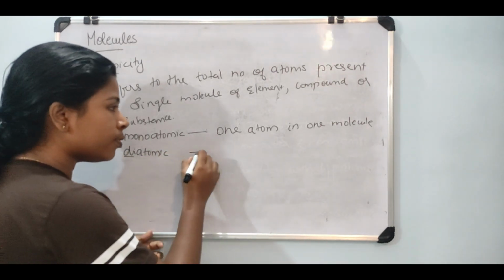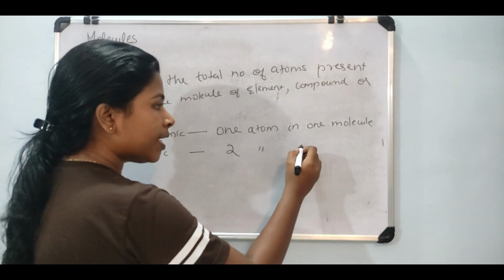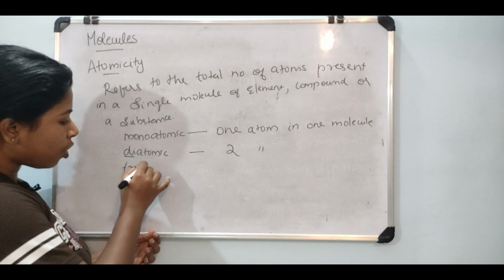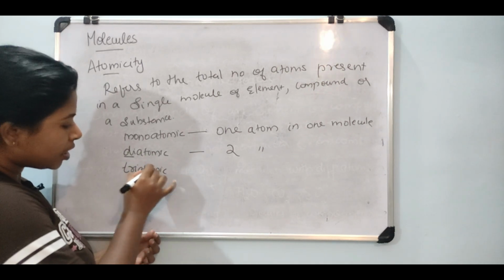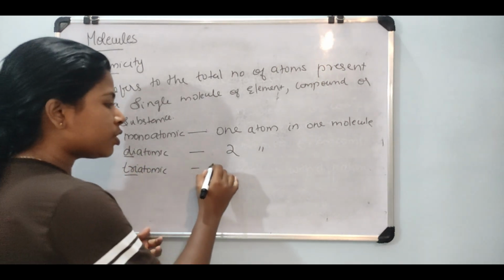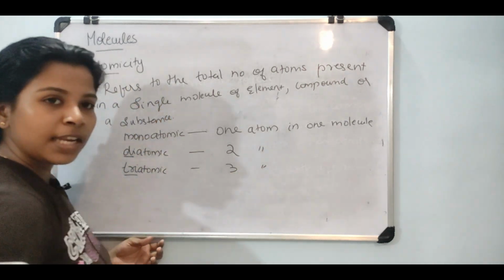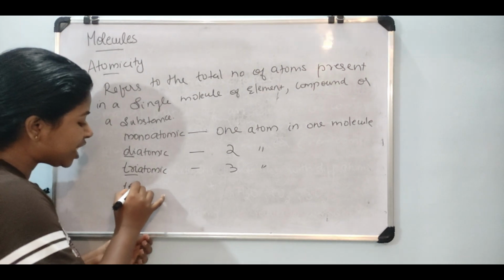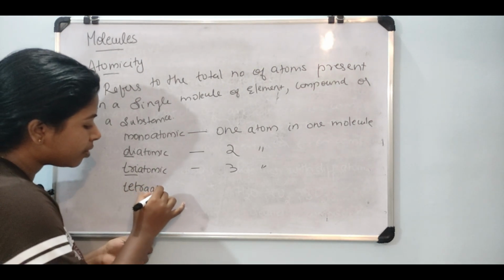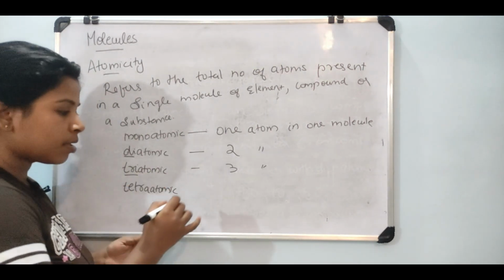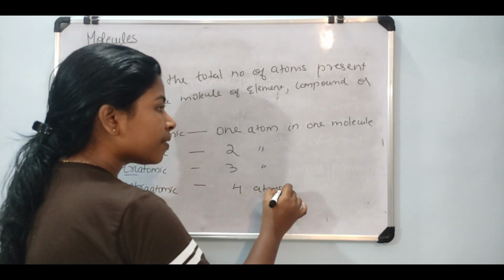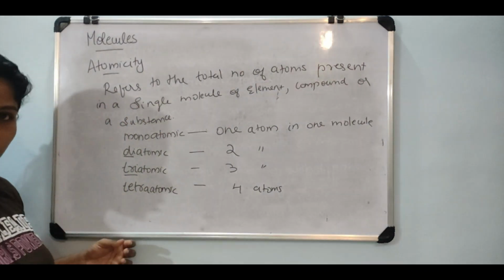Di refers to two atoms in one molecule. What is the meaning of triatomic? Tri refers to three atoms in one molecule. Now, what is tetraatomic? Tetraatomic means four atoms in one molecule.